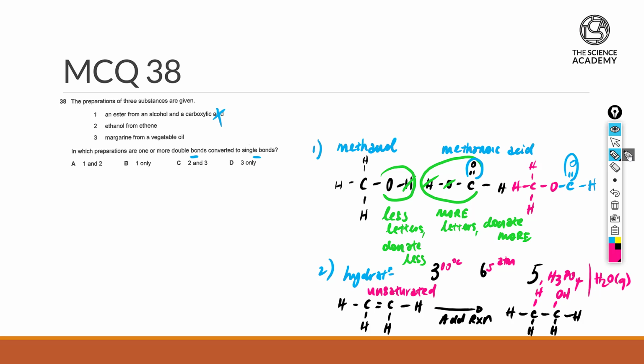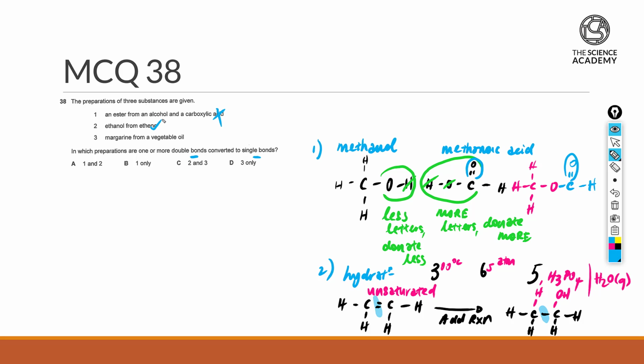And you do definitely see that in this process over here, it's actually going to go from a double bond towards a single bond. So I'll say that 2 is considered to be part of the answer over here.